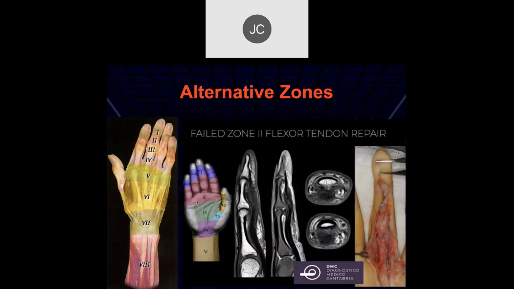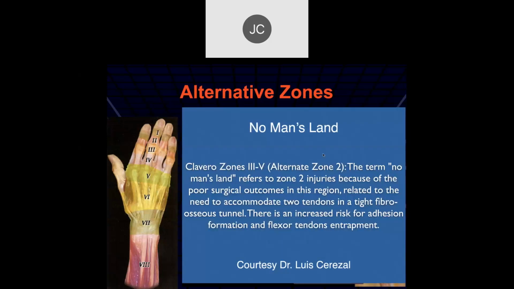This is an area where you have a lot of difficulty repairing these and having them work. This just shows surgical repair in this particular area. John, do you want to talk about this so-called no man's zone? No man's land is an area that should be treated by a hand surgeon.